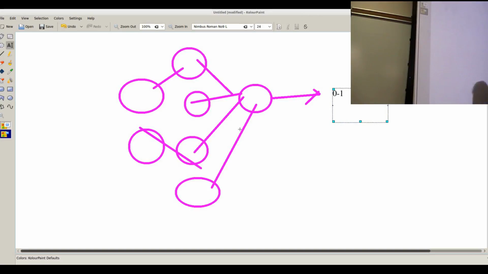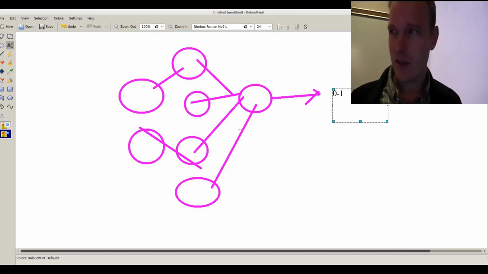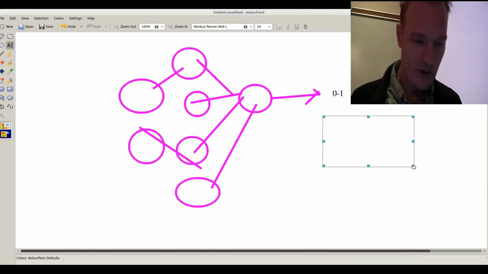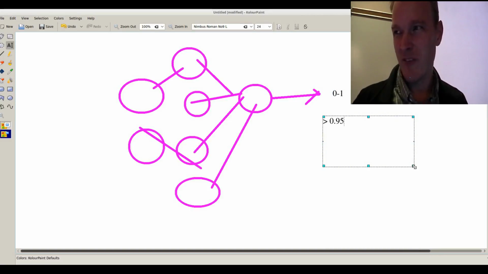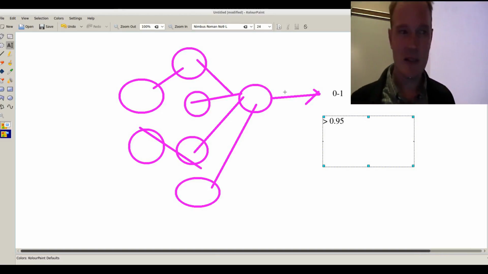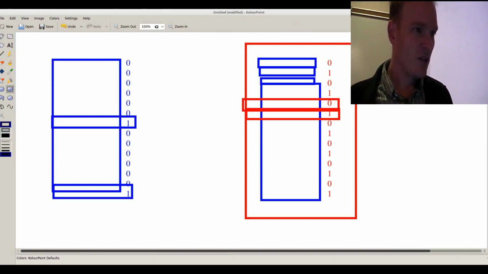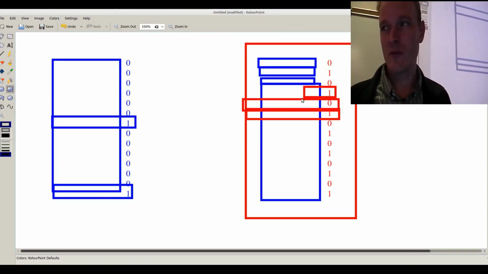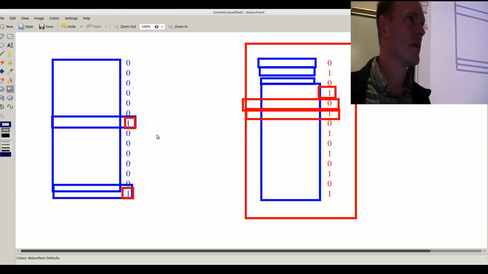But in fact, we know that fraud doesn't occur that often, so we're going to say if the threshold is higher than 0.95 or something like that, then we'll say the network is actually detecting the case we're interested in, and then we'll go look at it because maybe it's not a false positive. Does that make sense? So the idea here is show it these patterns, the patterns that don't occur very often, more often, and now you can get the model to do something more interesting.